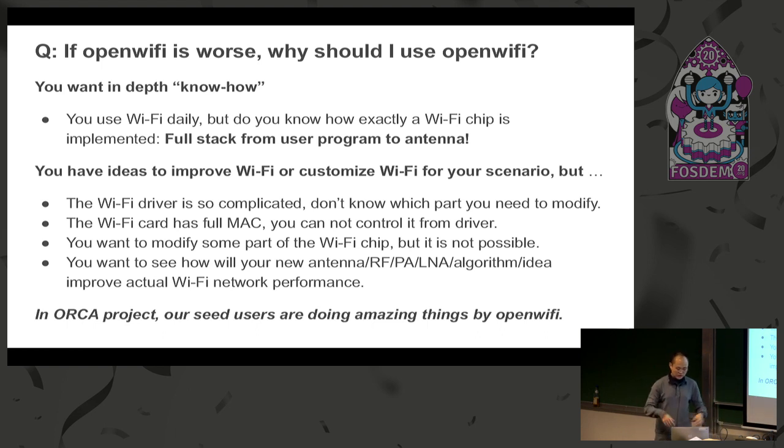Okay, for the secondary usage, there could be many. You may have ideas to improve the Wi-Fi chip or customize the Wi-Fi chip for your special application. If you run a business, maybe you have some special customer in the aviation industry or railway industry, right? They have very special requirements for your Wi-Fi communication system. And you may try the commercial Wi-Fi chip at first.